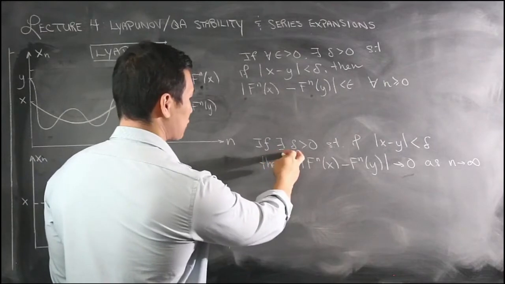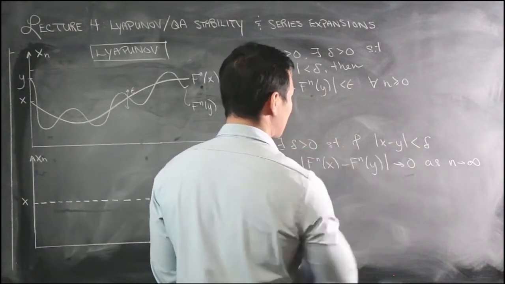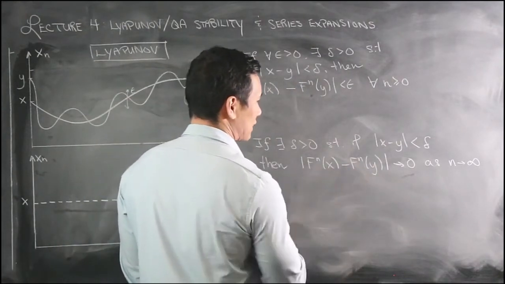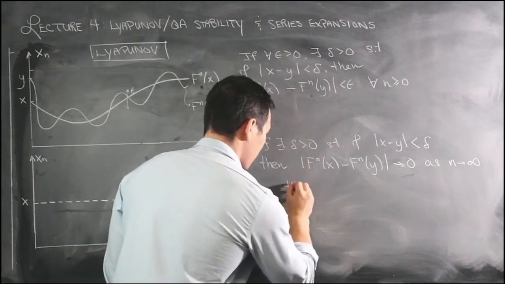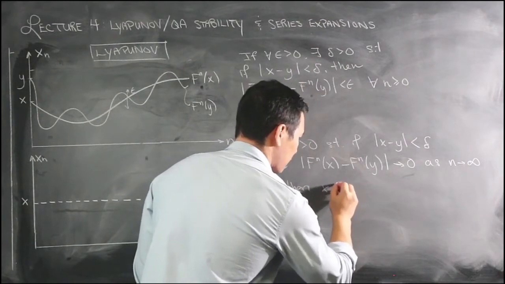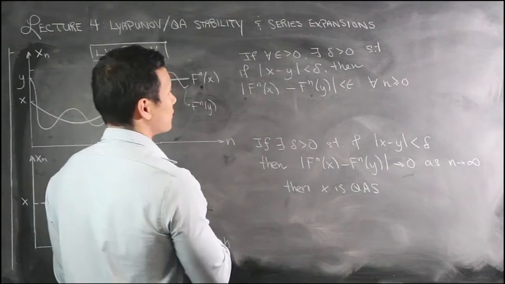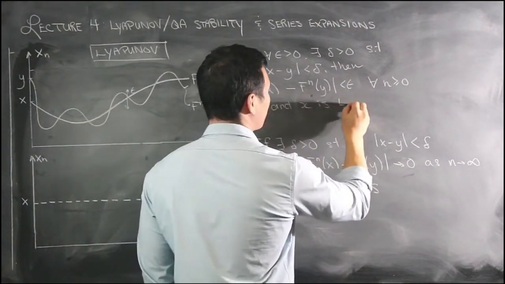If there exists a delta greater than 0 such that if the distance between x and y is less than delta, then the distance between the images tends to 0 as n tends to infinity, then x is quasi-asymptotically stable, QAS. Here, I'll finish this definition, and x is Lyapunov stable.